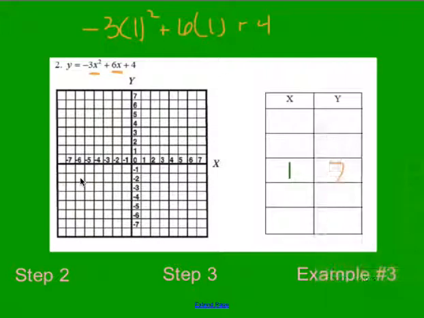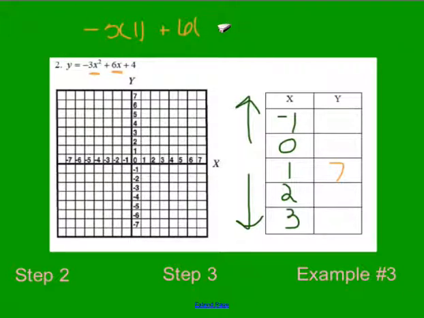So now we want to make the rest of our table. My x values, I'm going to go up as I go this way, and I'm going to go down as I go this way. So this is going to become 2, 3. This is going to become 0, negative 1. Now I'm going to plug these values in, starting by plugging in 2.